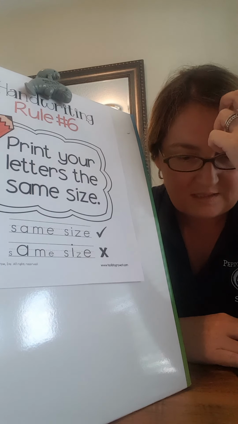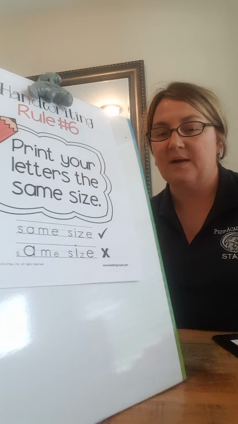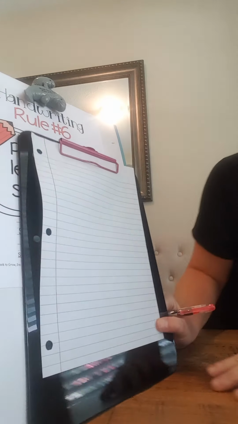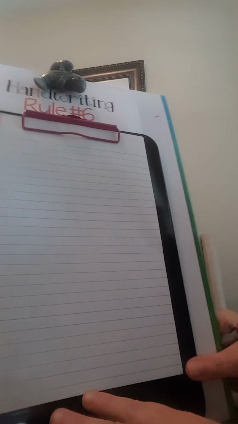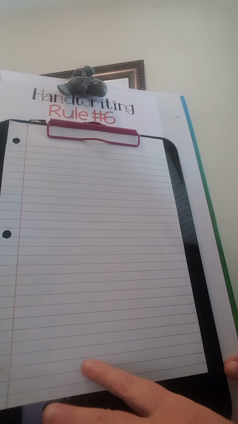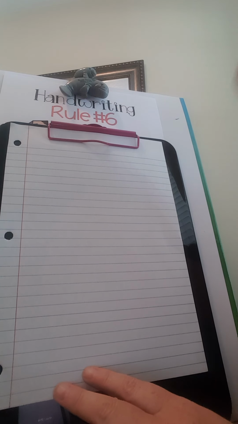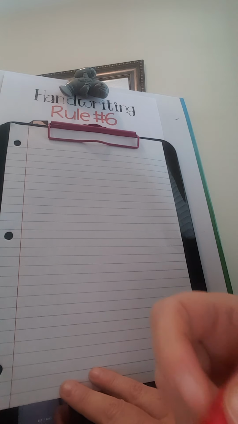So let me give you an example. I'm going to write a sentence. I'm going to come on this side so you guys can actually see what I'm writing. Okay. I'm going to write a sentence with letters that are not the same size, okay?